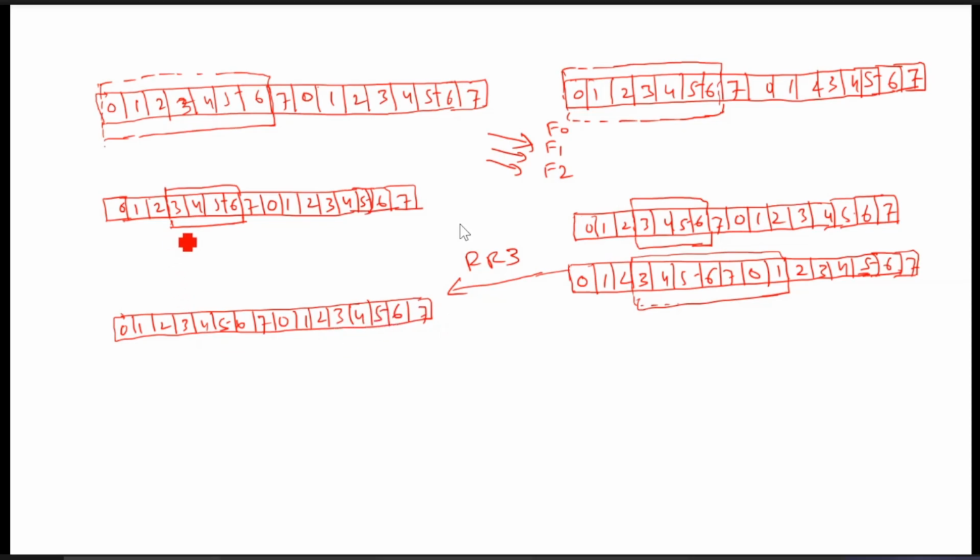So the window is 3, 4, 5, 6, and now it will also include 7, up to 1, when it receives the acknowledgement RR3. So it will now transmit the further frames: F3, F4, F5, F6.